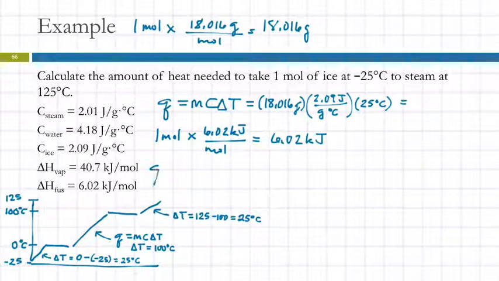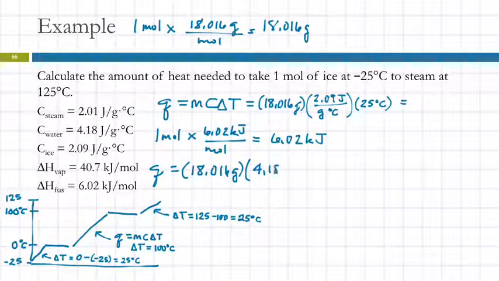Heating the water, Q equals MC delta T again. So our mass is the same, but we're going to use a specific heat capacity now for liquid water, which is 4.18 joules per gram degrees Celsius. And we're going to use the change in temperature for this part, which is 100 degrees Celsius.